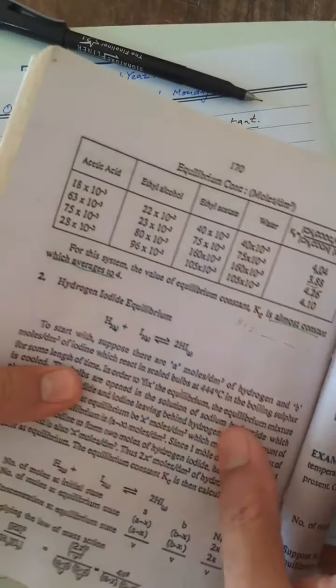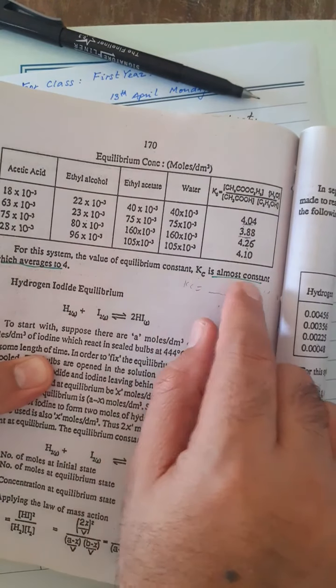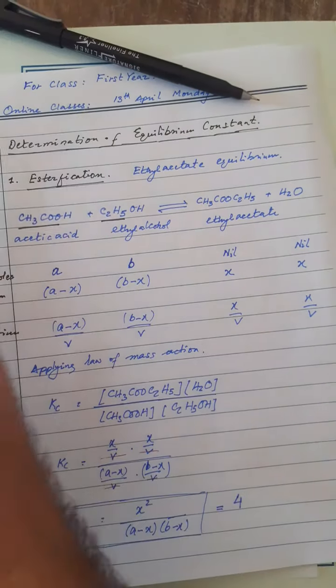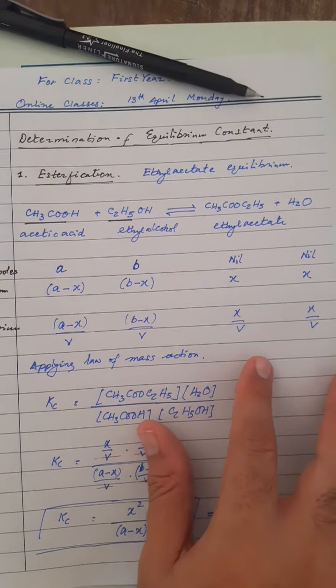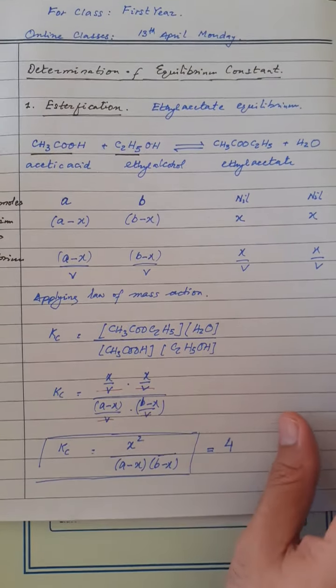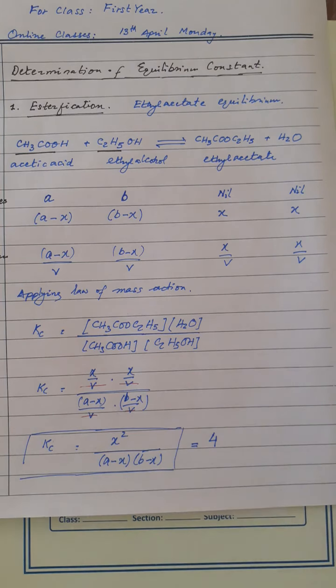Right? It says that for this system, the value of Kc is averaging to 4. So you can have different reactions, different products, me, you, everybody will take their own values, but the equation of Kc and the value of Kc will always be 4.